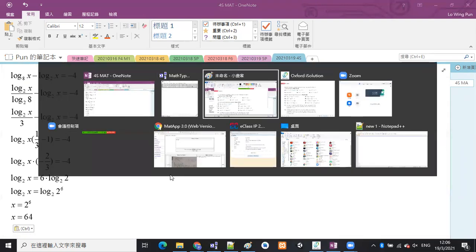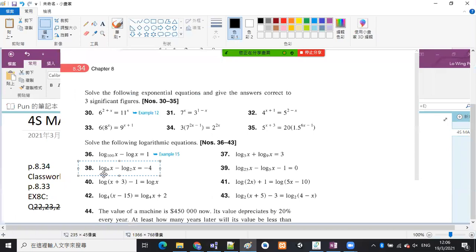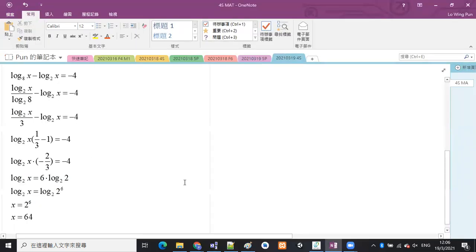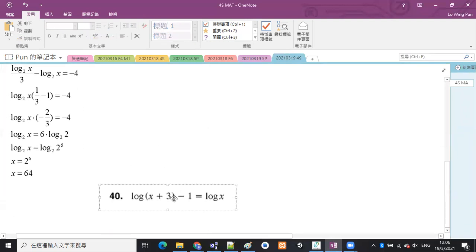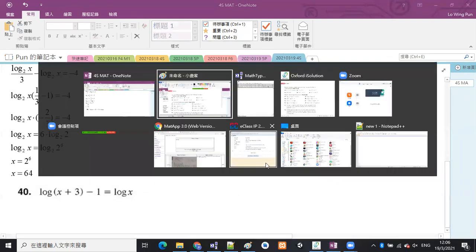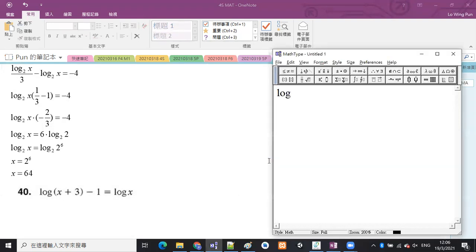And then next one should be 40. I think this one should be easy because we do not involve different bases, and then I think the question will be slightly easier, right?